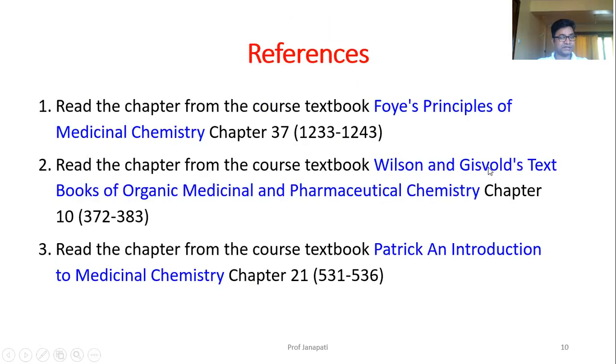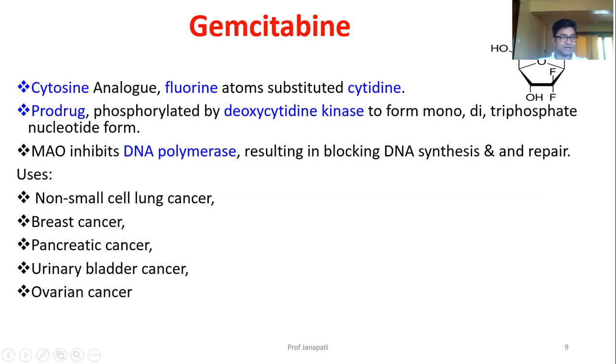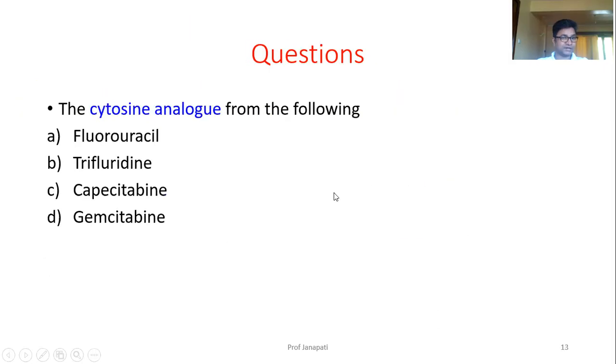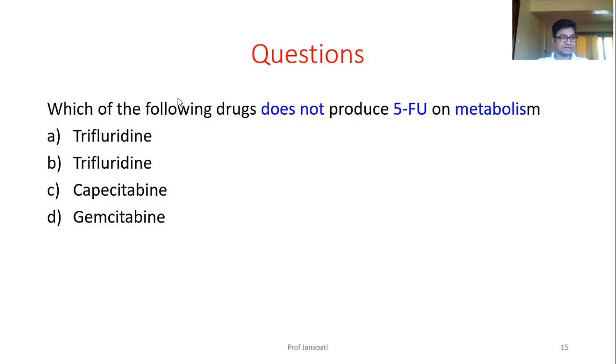Fluorine is present on the sugar portion, so there is no chance of converting into a uracil derivative. Gemcitabine is the one which does not convert. All the other drugs will produce 5-fluorouracil.